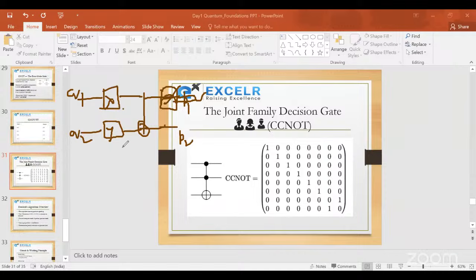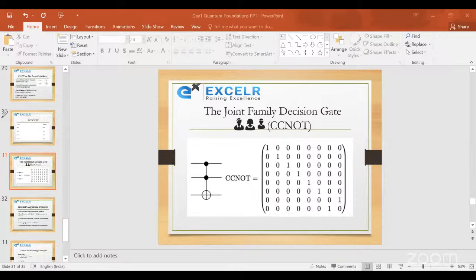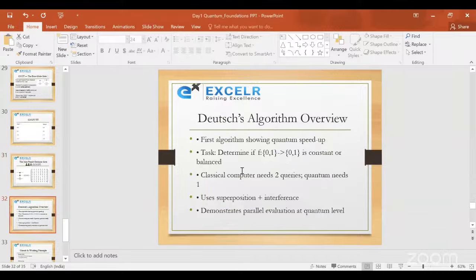So now we are moving towards the part of algorithms. Deutsch, we have introduced Deutsch in the very first slides and the last day's slides also.